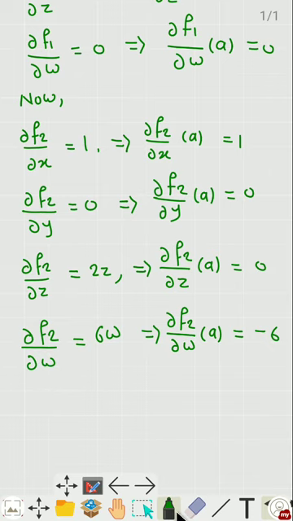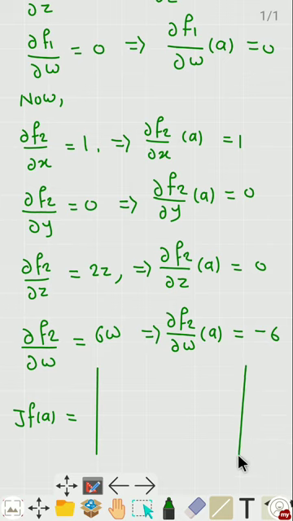Now we can write the Jacobian of function f at point A. It is a matrix of order 2 by 4.